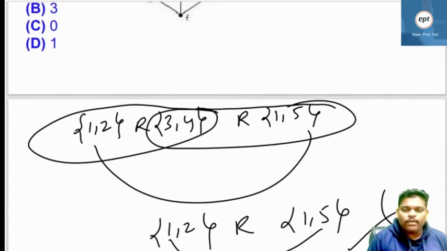A related to B, B related to C, then A related to C, sometimes may not hold. {1,2} and {3,4} are related, {3,4} and {1,5} are related, but {1,2} and {1,5} are not related because 1 is common. The intersection is not empty.